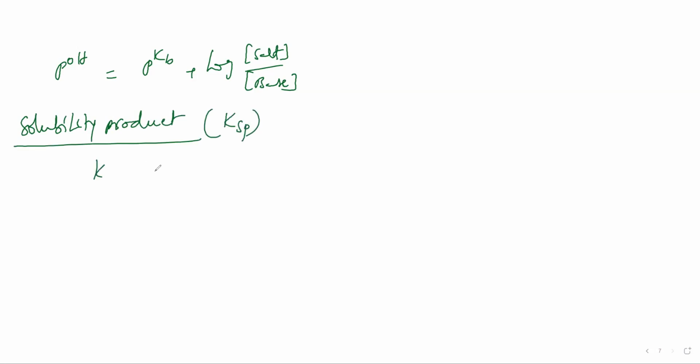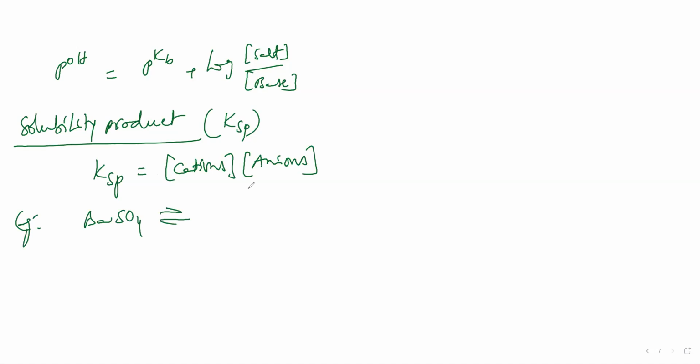KSP is nothing but concentration of cations multiplied by concentration of anions. Understood? Let us consider an example. Barium sulfate dissociates into Ba plus 2 and SO4 minus 2.